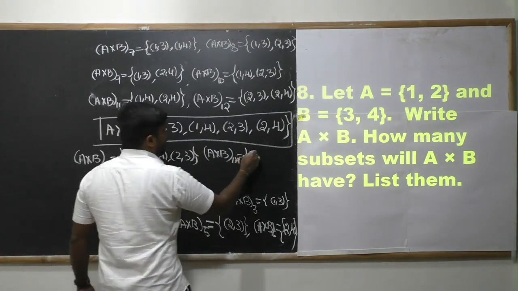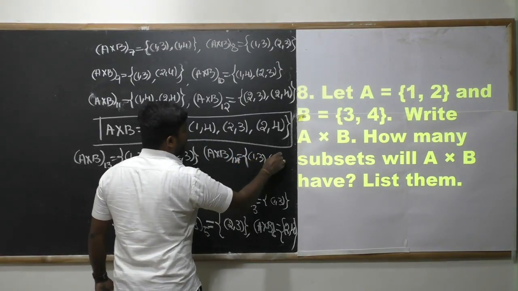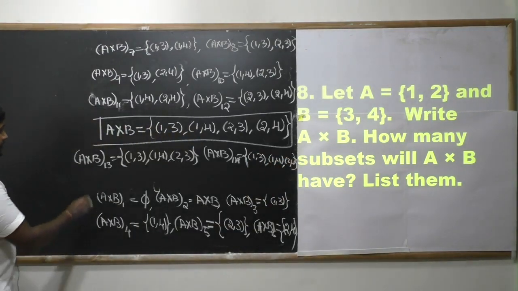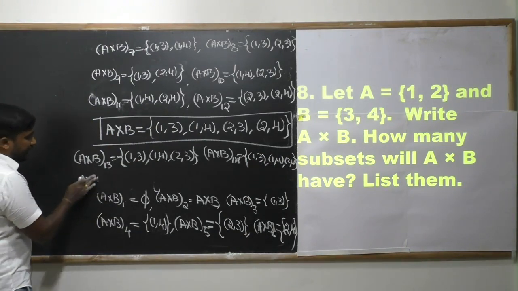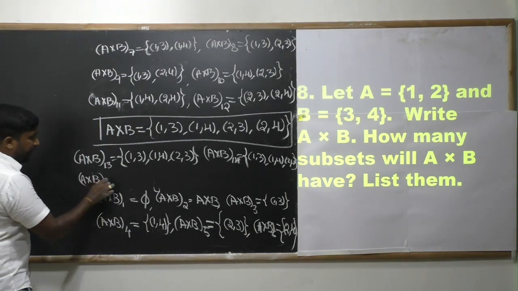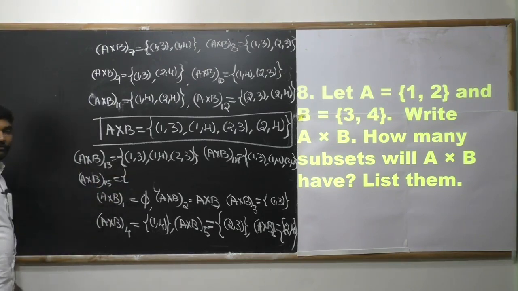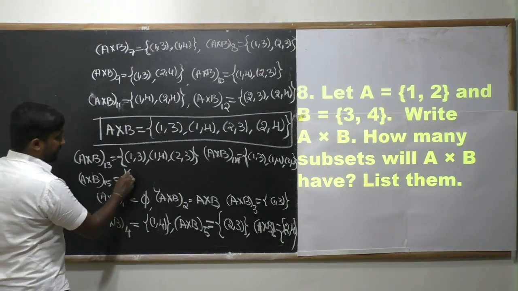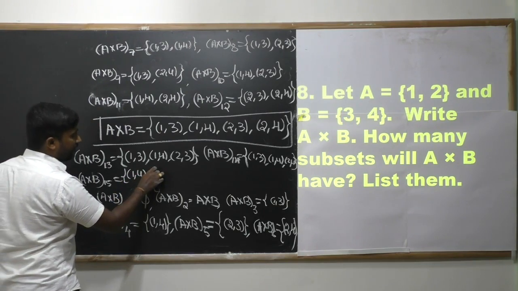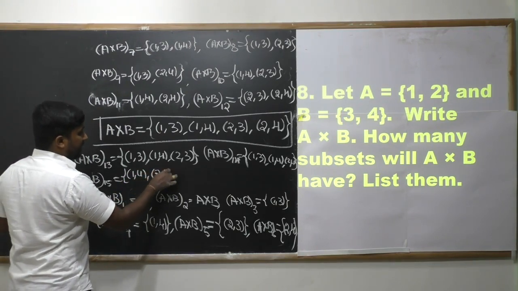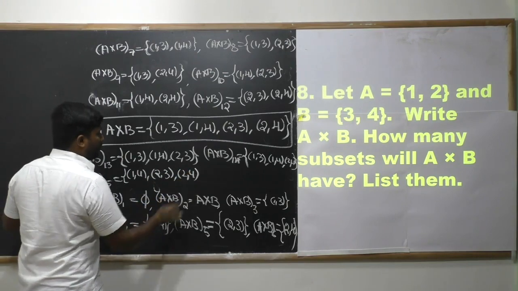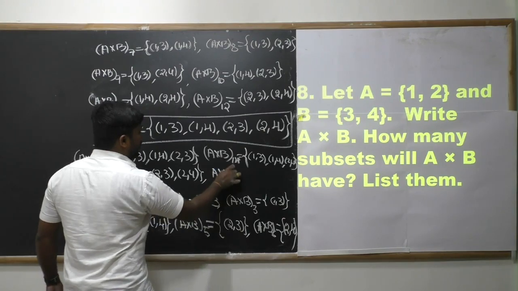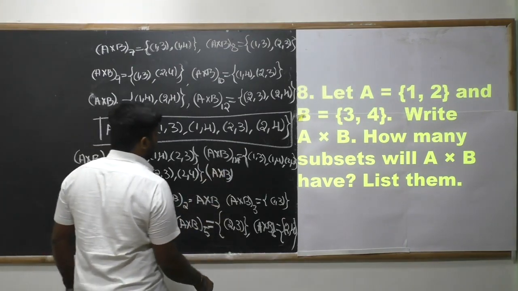Set with ordered pairs 1 comma 3, 1 comma 4, 2 comma 4. Next, A cross B of 15. The 15th subset is 1 comma 4, 2 comma 3, 2 comma 4, and A cross B of 16.